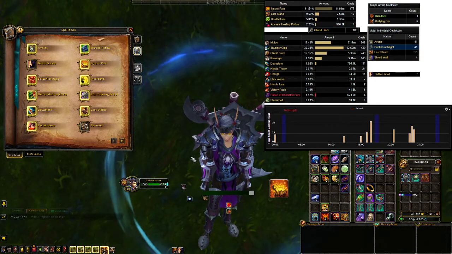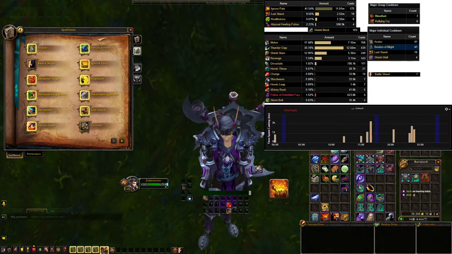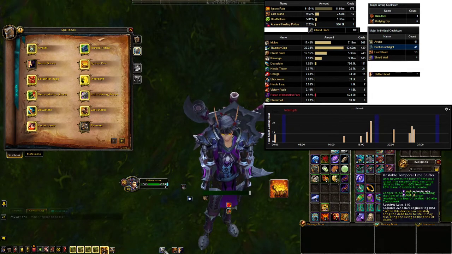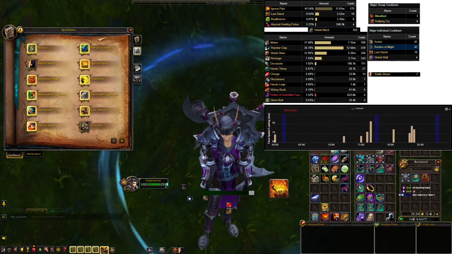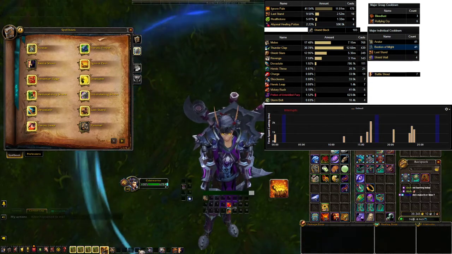Now, this will slowly start to make more sense, but there's more items. So our combat res, our invisibility potion, and our drums all fall into this.